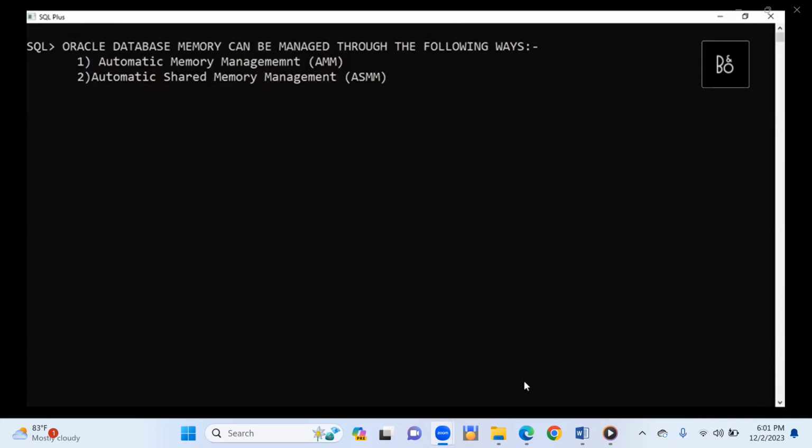Now, for automatic memory management, let me talk about it a little before we look at the practical part. Automatic memory management enables specification of total memory provided for both the SGA and PGA. Let me repeat.